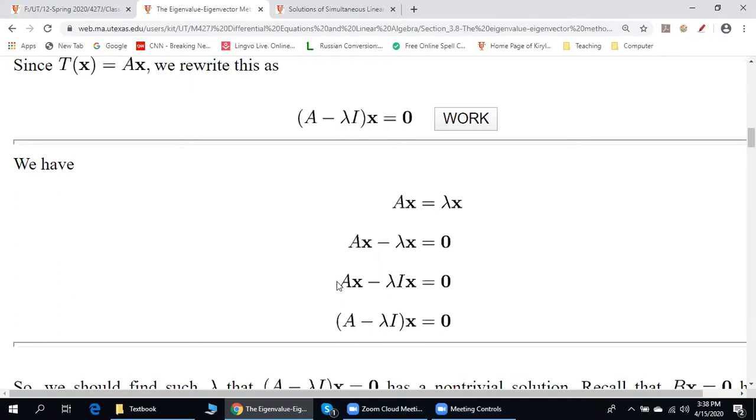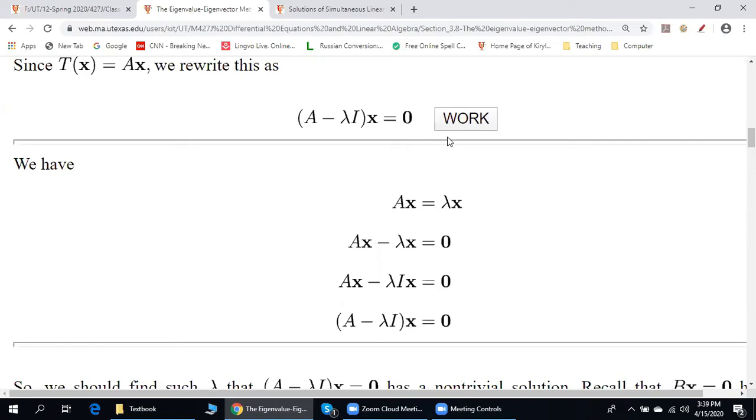And now, in line number 3, A is a matrix, x is a matrix, lambda I is a matrix, x is a matrix. Now we can use distribution property. We factor out x and the result follows. Folks, any questions here?